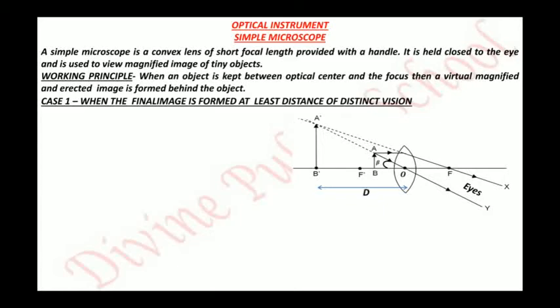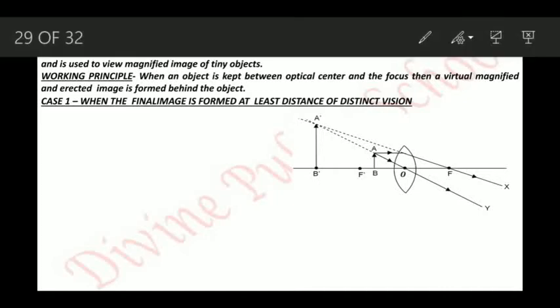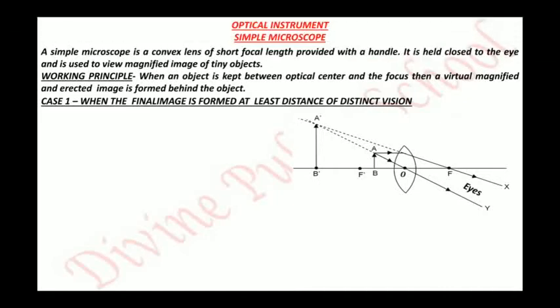Let us understand the diagram. We put our eyes near the convex lens. We define one angle, the visual angle of the image, between the optical center ray and the principal axis, and it is given by beta.